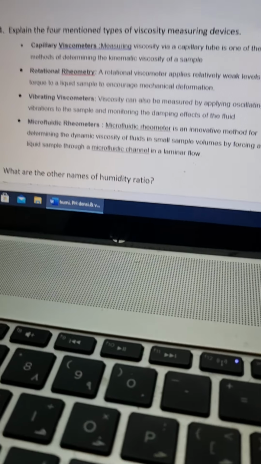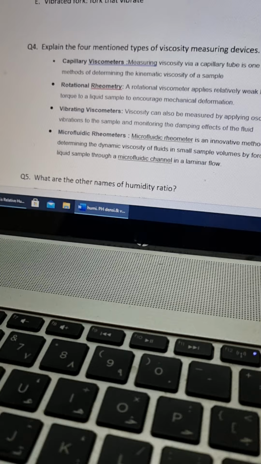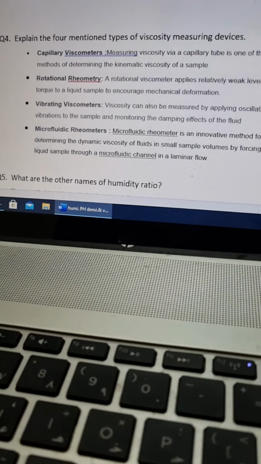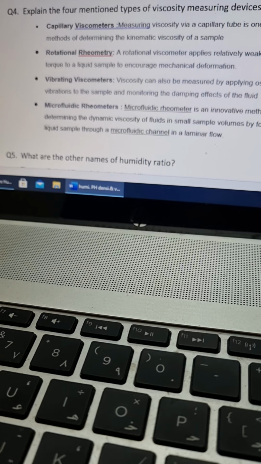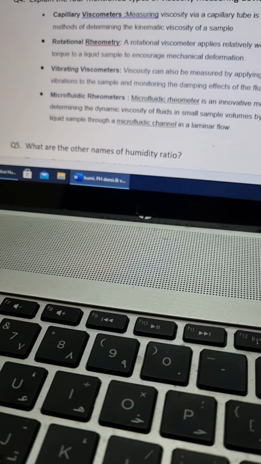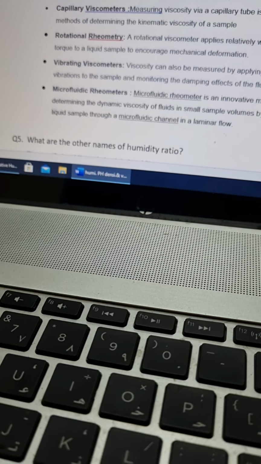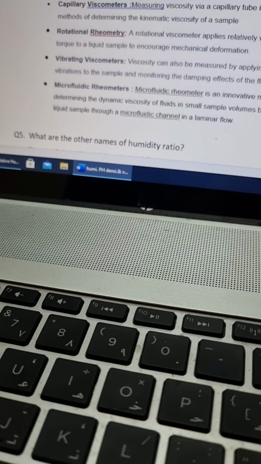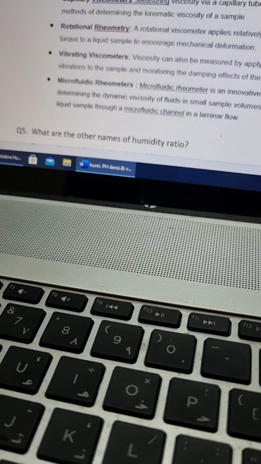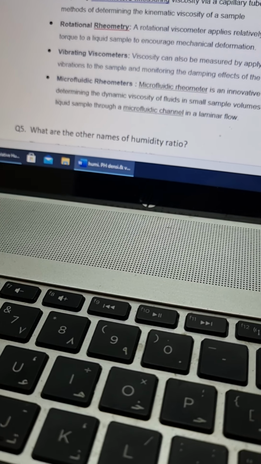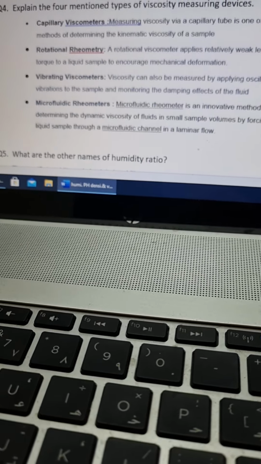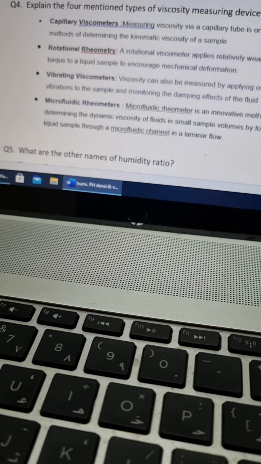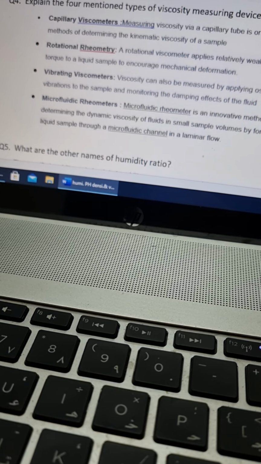Explain the 4 mentioned types of viscosity measuring device. First we have a capillary viscometer. Measuring the viscosity via a flight tube is one of the oldest methods of determining the kinematic viscosity of a sample. Okay.